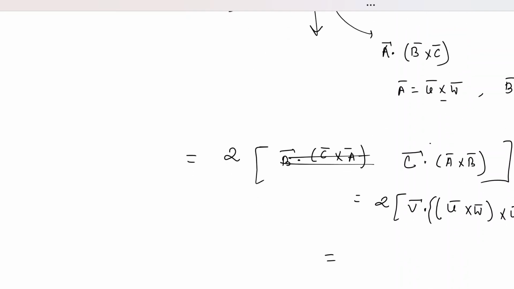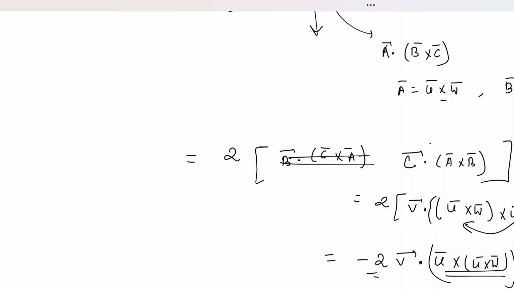Okay, this is the same as 2 v dot u cross w. I have just changed the order. So whenever I change the order of the cross product, there is a minus sign coming. So minus 2 v vector, and then here you can finally apply your BAC-CAB rule.